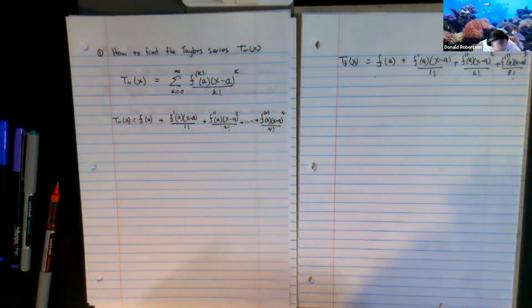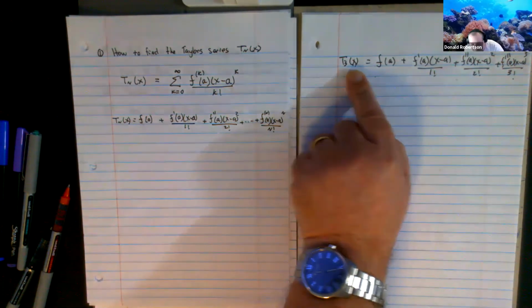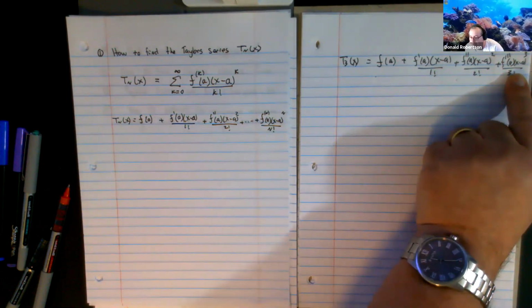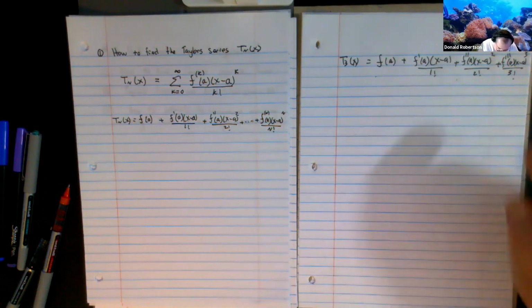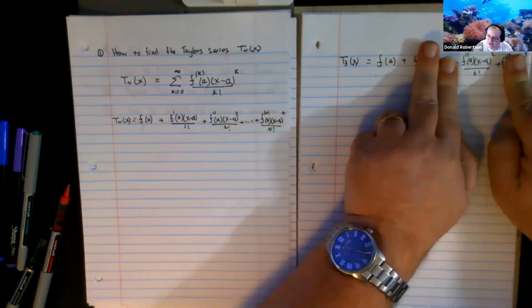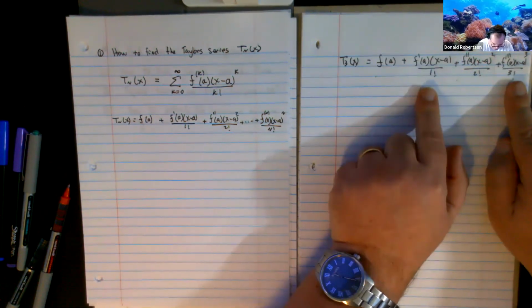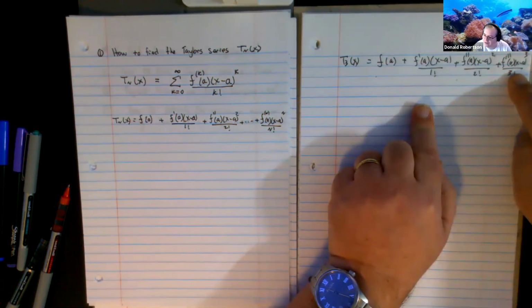Now, T3 of x basically says do a polynomial up to and including the third derivative. If the third derivative is 0 and that guy is 0, can you see that your answer might be made up of 2 terms? And one of them might just be x minus 1 squared. It's still called T3 of x because it was created using up to and including the third derivative, right?